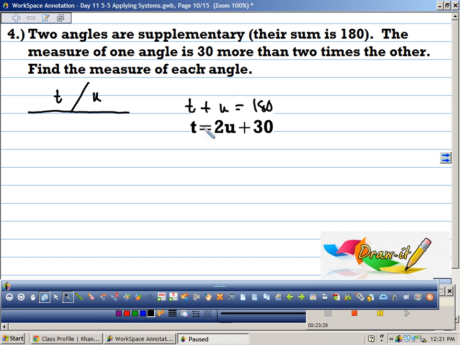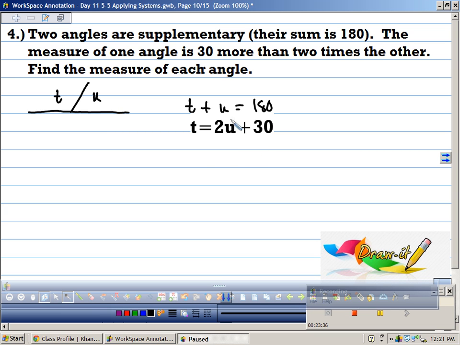So T plus U equals 180, and I know T equals 2 U's plus 30. So how do you guys want to solve this one? Did you like doing that last time, or would you rather substitute? You like eliminating rather than substituting? Okay. Everybody okay with that? All right, so let's rewrite it. I have T plus U equals 180, and T minus 2U equals 30.